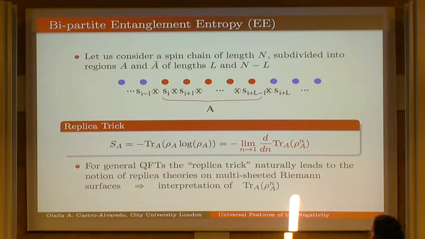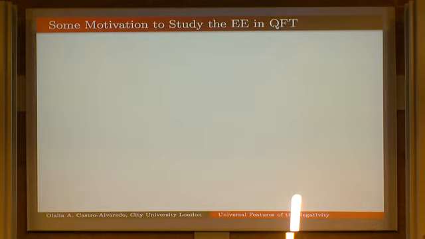And this has to do with a particular interpretation of this trace of rho to the n, which really only makes sense when n is integer. So in other words, you can think of this quantity here as a partition function for a system which now consists of n copies of your original system, which lives on a particular geometry. And once you take that step, then there are certain methods that you can access which are quite useful to do computations of these kinds of things. So I'll come back to this a little later.